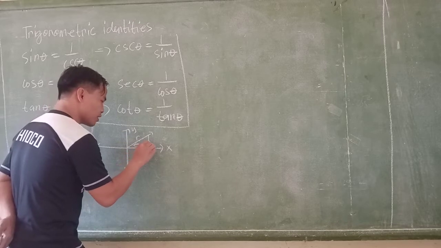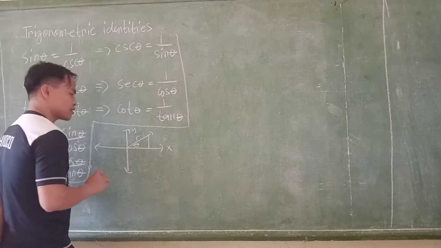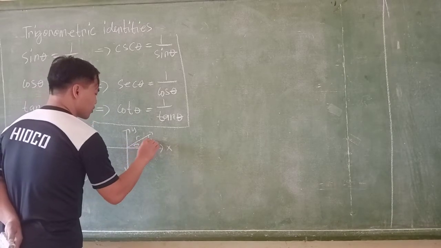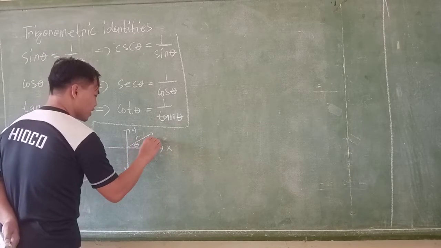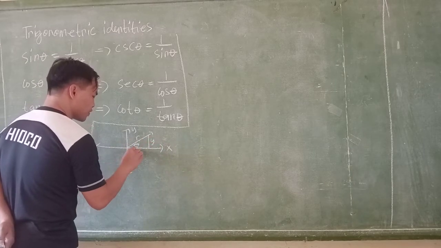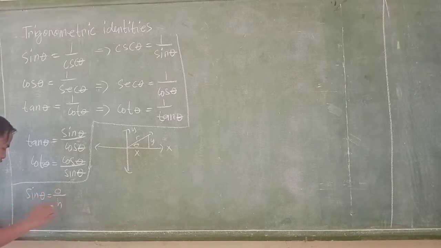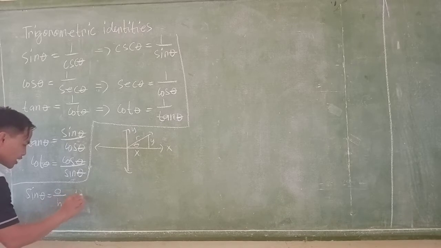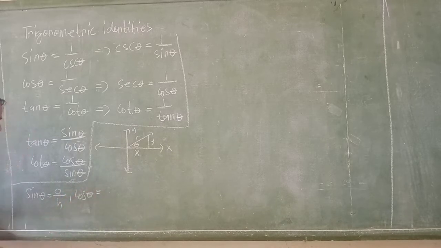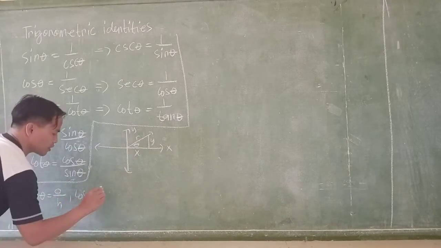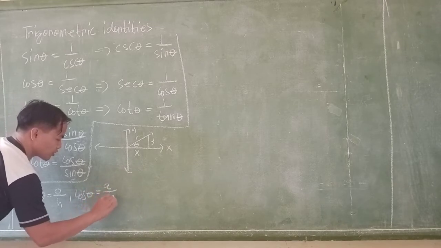This is our y, and this one is for x. Remember always that sine theta is equal to opposite over hypotenuse, and cos theta is equal to adjacent over hypotenuse.